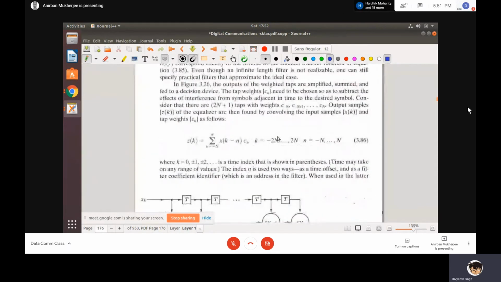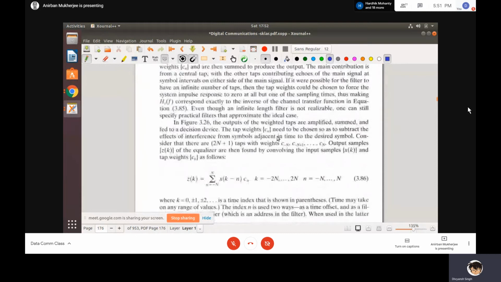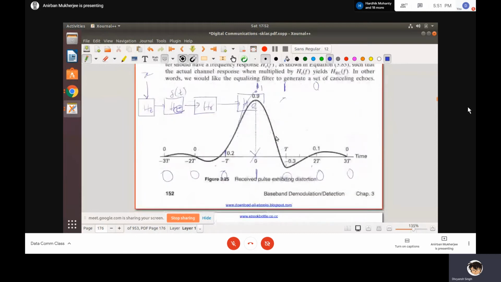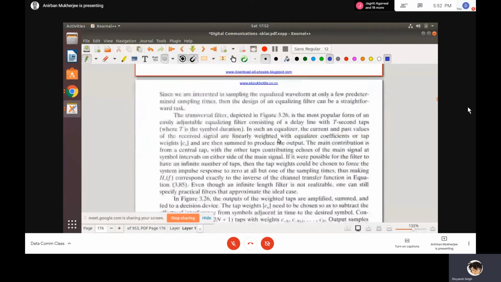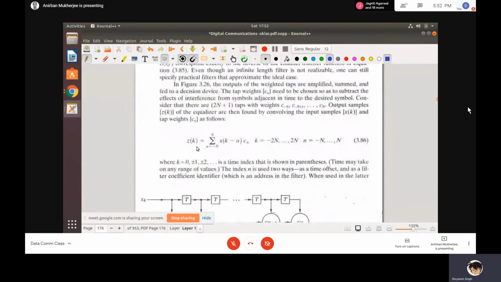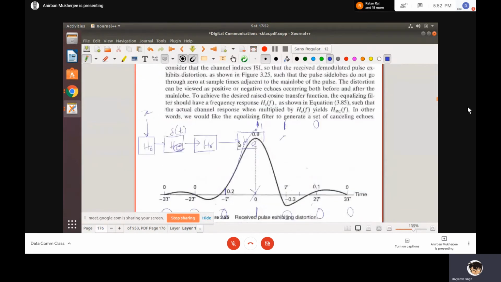Basically, this is my output. So what is my Zk? Zk is basically the sum over n from minus N to plus N of x_{k-n} c_n.